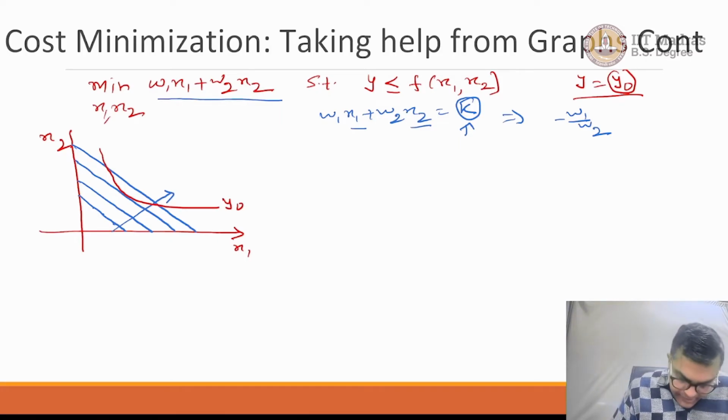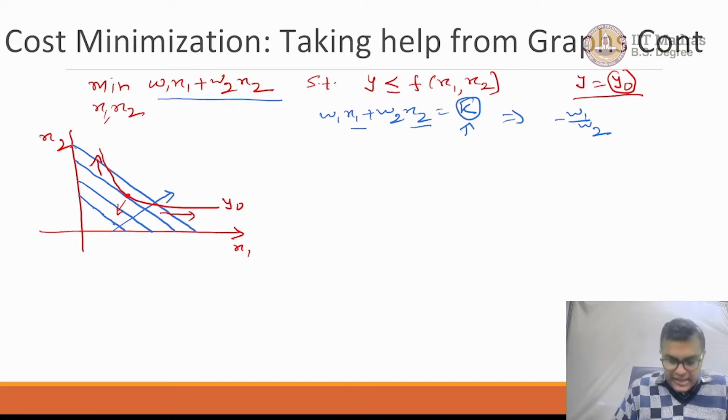So clearly we are having cost minimization at this point, because as we move in this direction, we are able to produce y naught, but at higher cost because we are hitting a higher isocost line. But once we reach this point, we cannot move in this direction while maintaining the level of output at y naught.